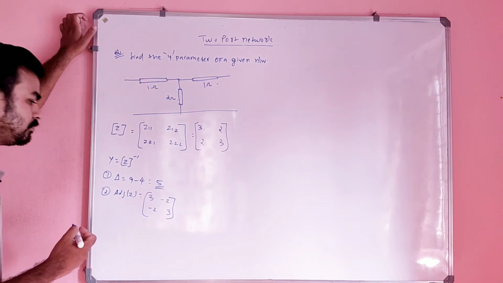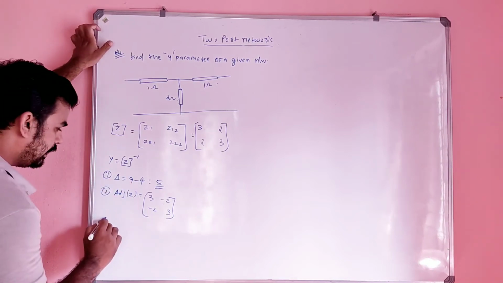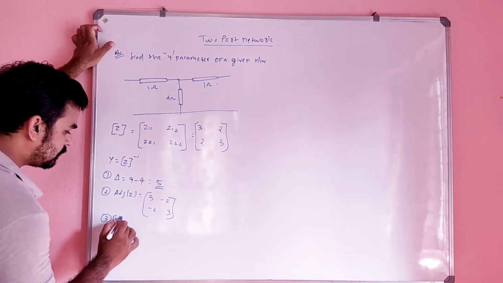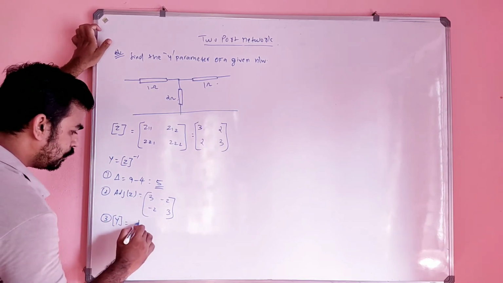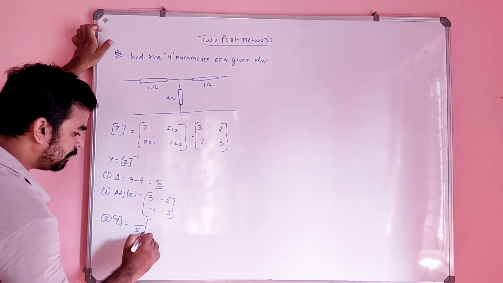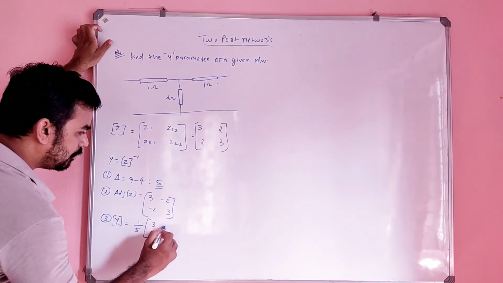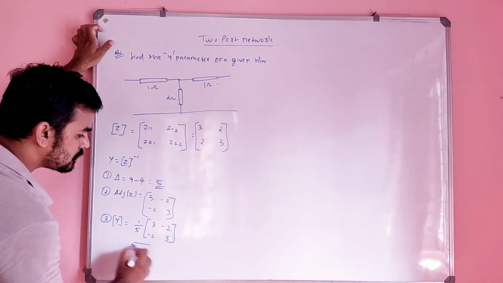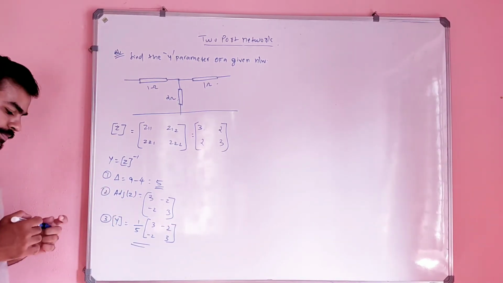And the inverse, the Y matrix, is 1 by 5 into [3, -2; -2, 3]. That is the answer.